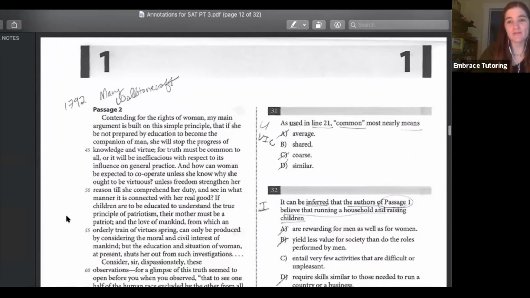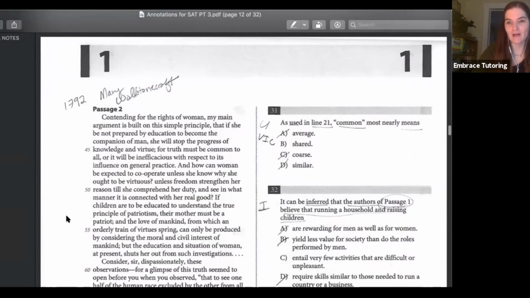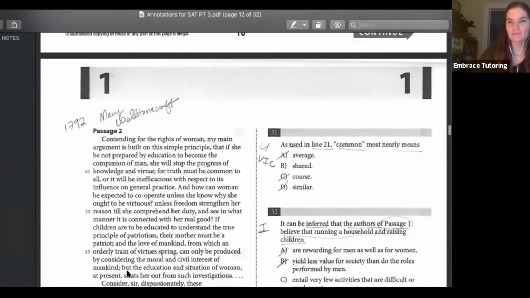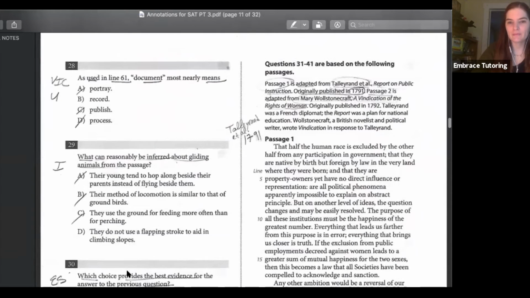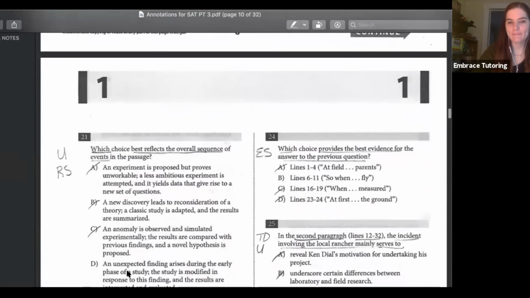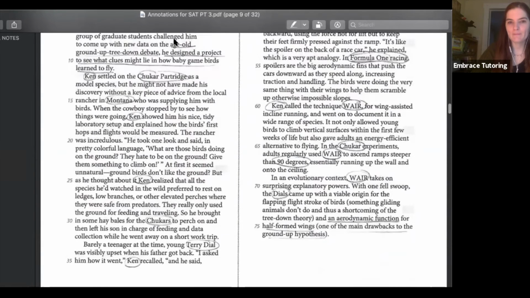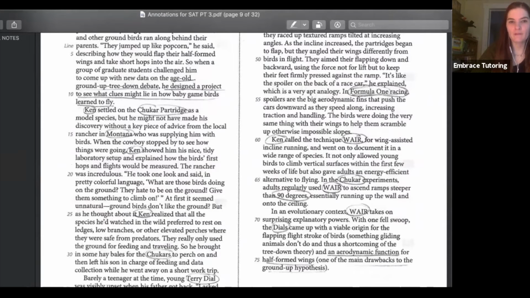Not only because it's from 1792, but because it's a very dense piece, and it is tricky to understand if you're not sure what it is that she was actually achieving. Okay, so someone got confused a little bit on that passage.